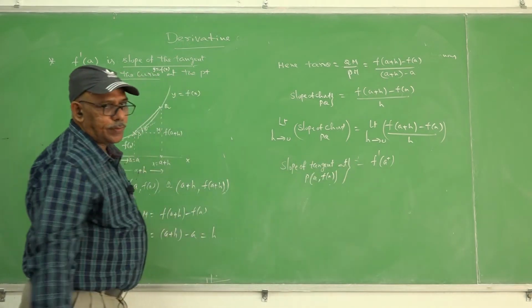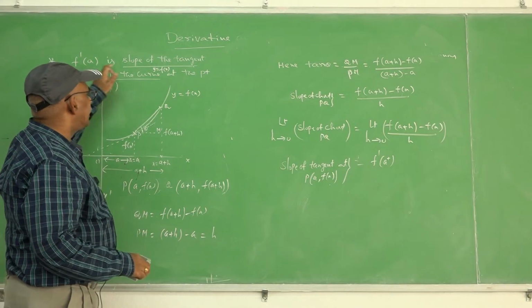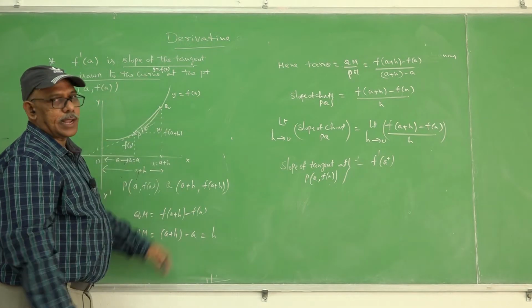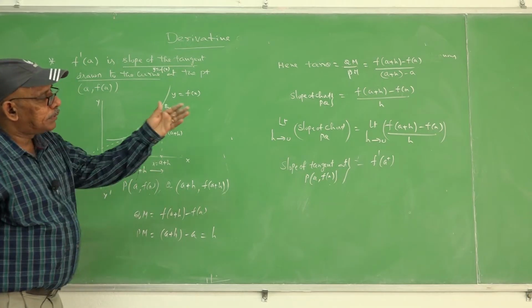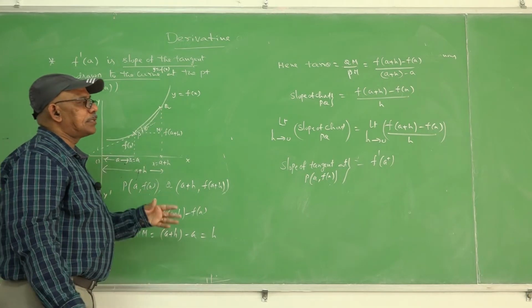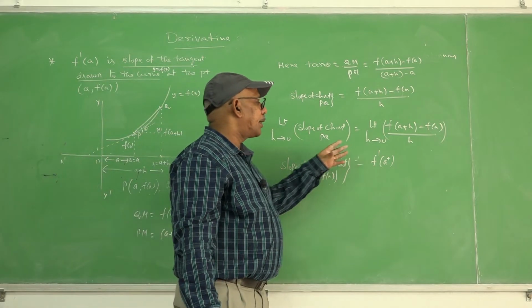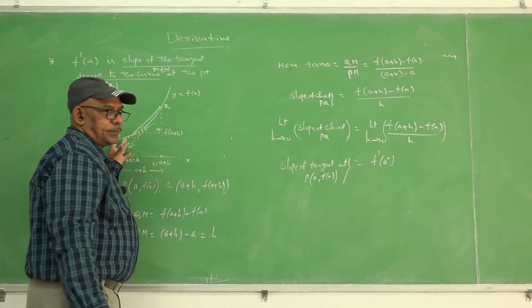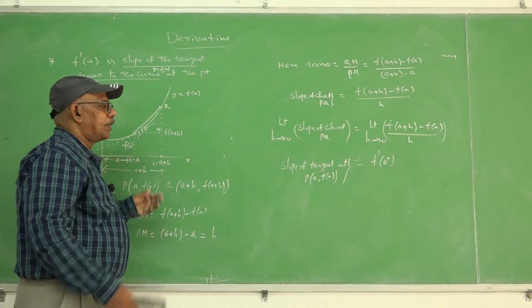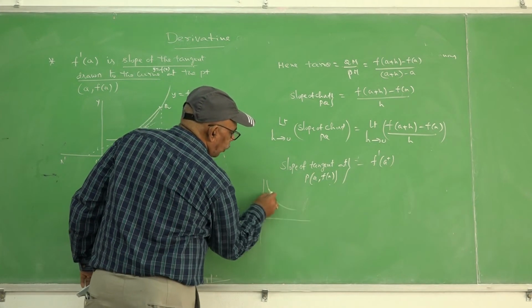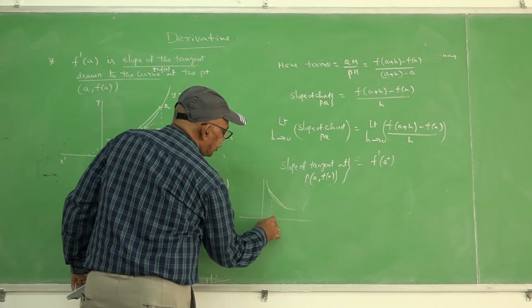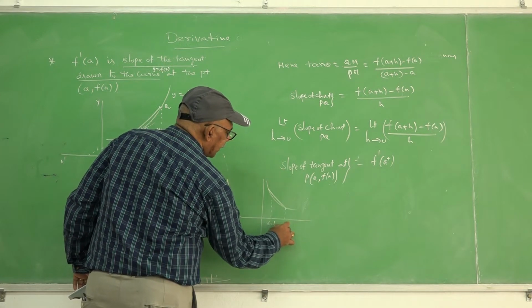So, the derivative always gives us the slope of the tangent at a particular point. This is the concept. With the same concept, you can take the left hand derivative also. Once the orientation of the graph is like this and the chord is like this, you take a minus h and a here.